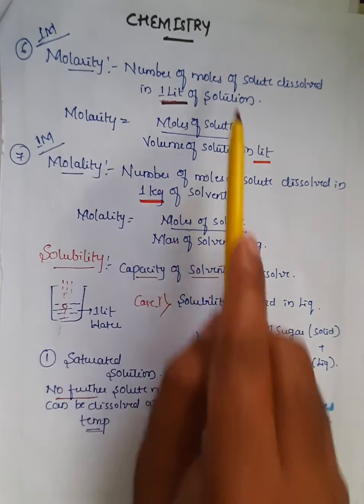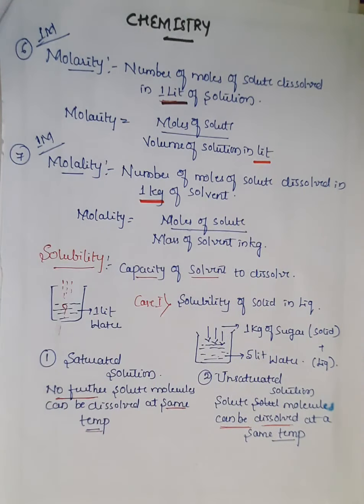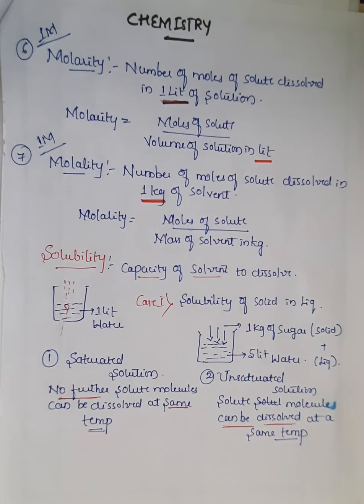Molarity means moles of solute divided by volume of solution in liters. Molality means moles of solute divided by mass of solvent in kg. So these are the 7 important ways of expressing the concentration of any kind of solution.